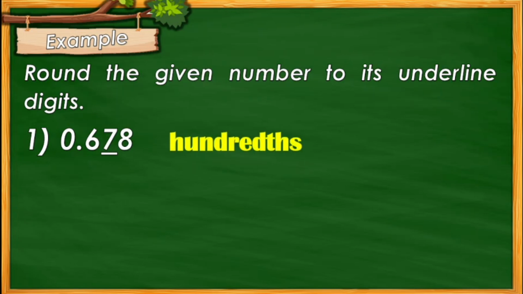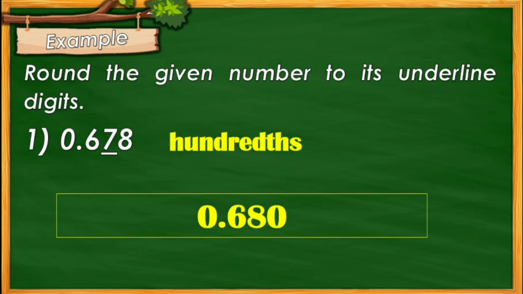So the hundreds place is the place value of digit 7. So this would be 680 thousands because we're going to add 1 to 7 because it is round up.